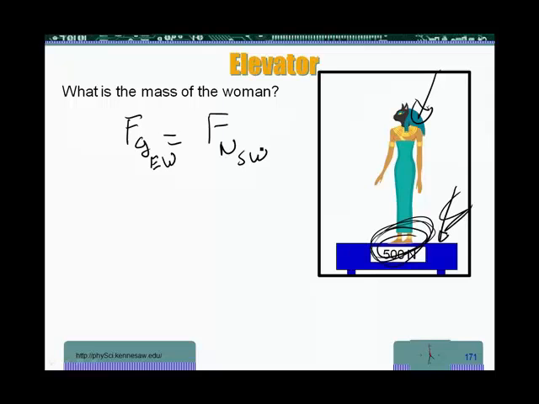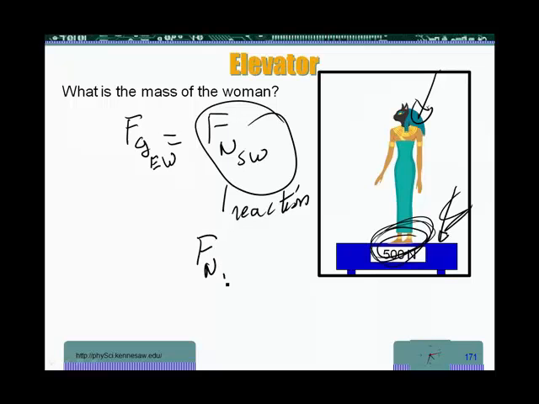Now what the scale reads is going to be the reaction to this force. What's the reaction to that force? It is a normal force that the woman exerts on the scale. So the 500 newtons it reads is the normal force that the woman exerts on the scale.